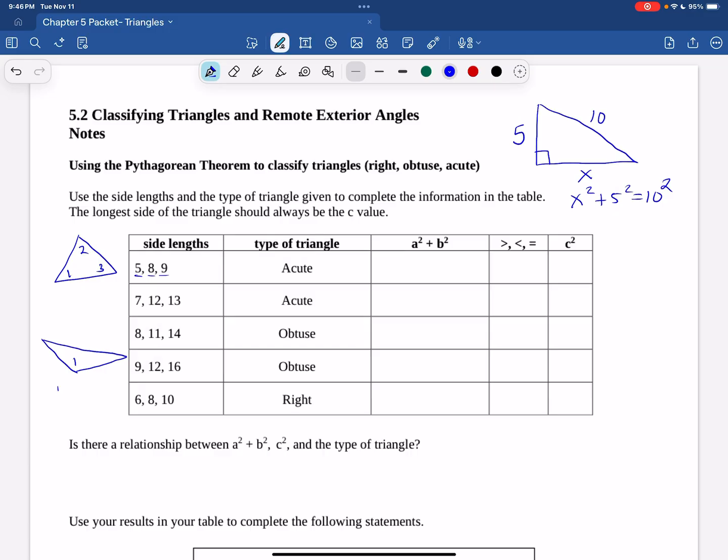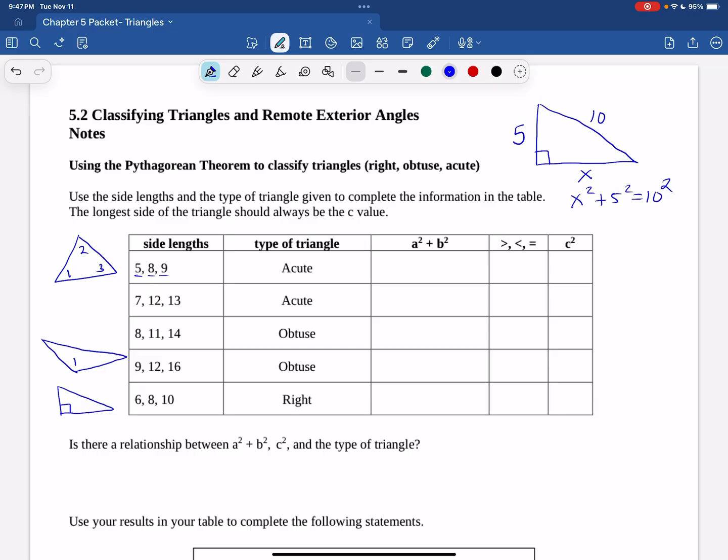And then, of course, we already know that a right triangle is a triangle where the largest angle is 90 degrees. What I've done is I've given you two acute triangles, 2 obtuse triangles, and 1 right triangle, and I've given you the side lengths of those triangles.